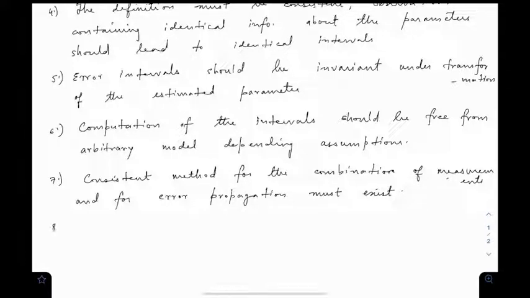And lastly, the approach must be simple and transparent.